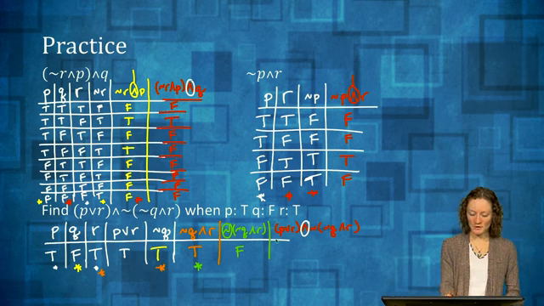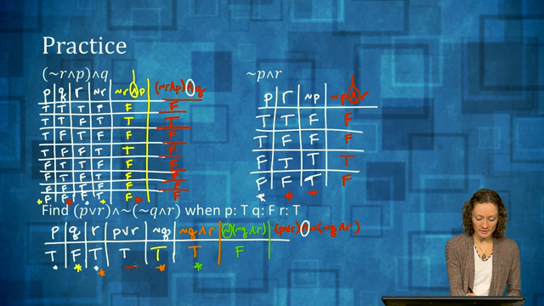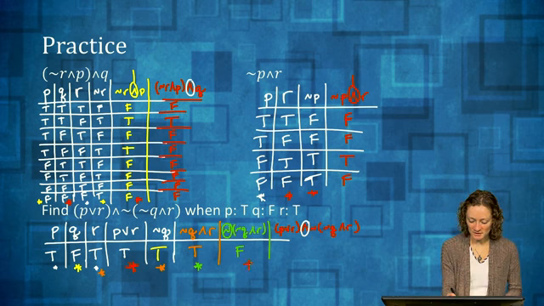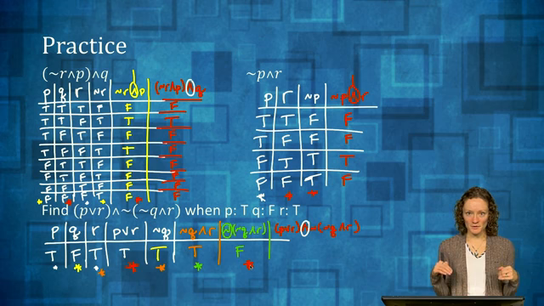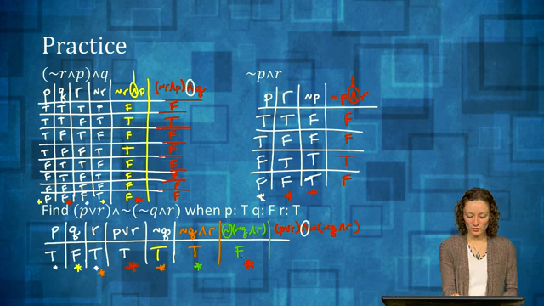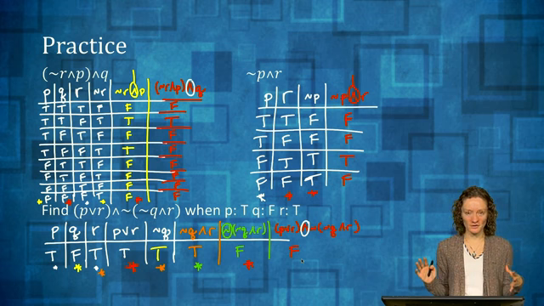And so the columns we're focused on are P or R and the negation of the parentheses. So right here, they're being pulled together with and. The only way we get true is if they're both true. We have true, false. So the whole scenario is false.